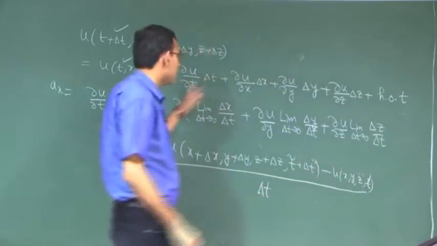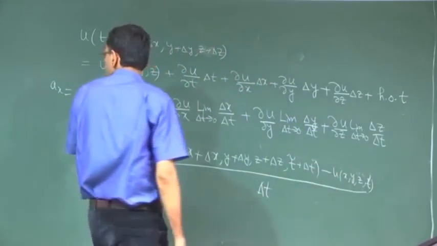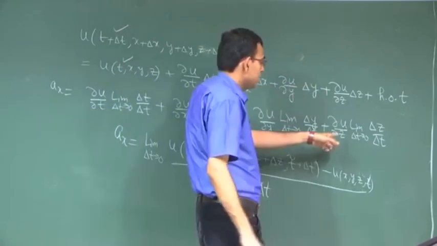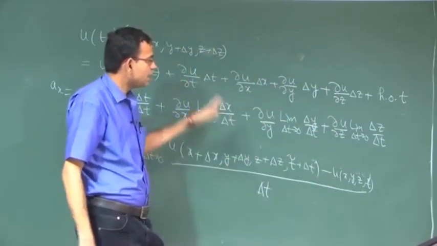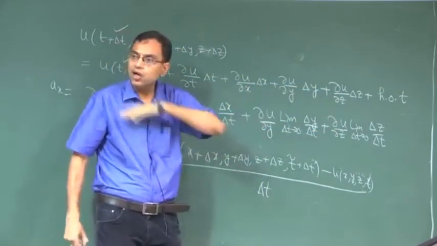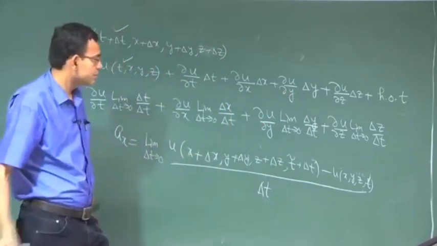And for the higher order terms, if you divide by delta t and take the limit as delta t tends to 0, all the higher order terms will vanish.